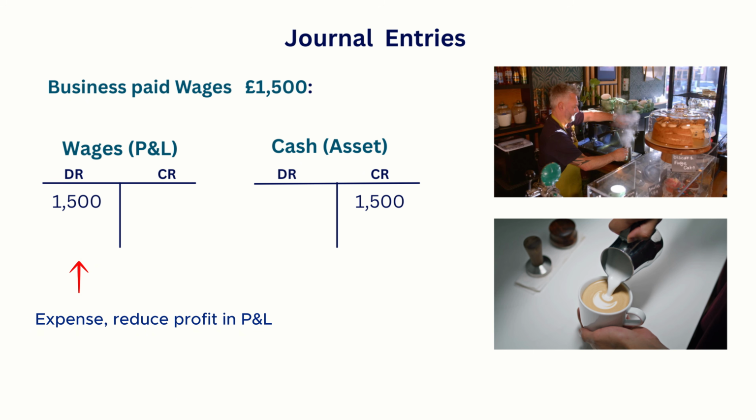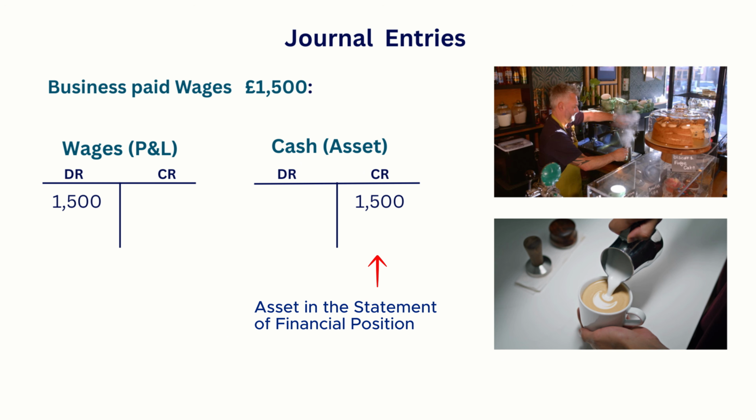Wages are an expense, so they reduce profit by £1,500 in the profit or loss. Cash is an asset. It decreases by £1,500 in the statement of financial position. Wages are recognised as an expense when the employees have worked, not necessarily when they are paid. This again follows the accruals concept. Expenses are recognised in the period in which they are incurred.